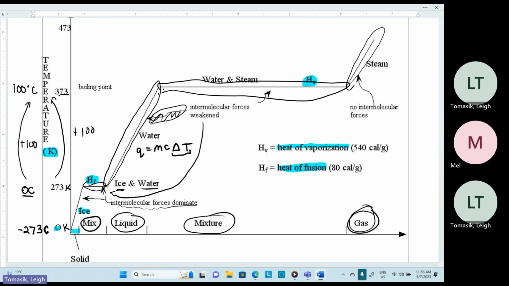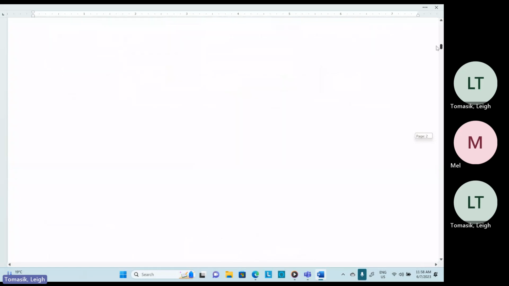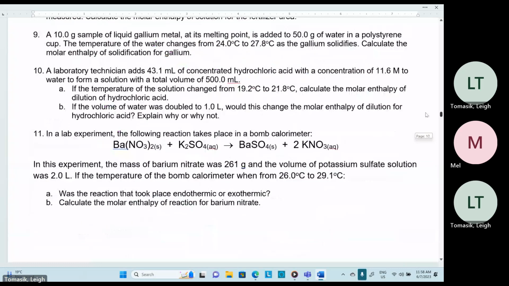So anywhere there is a slanted line, if you want to increase it from 21 degrees to 100 degrees, you would find the mass of water. You would find the specific heat capacity of water, which is way back in our notes, that blue chart.